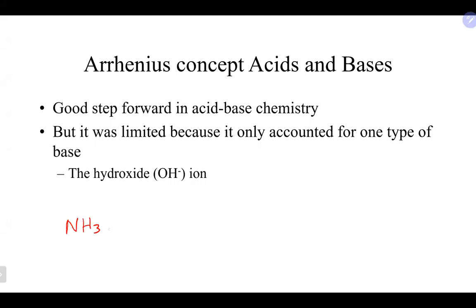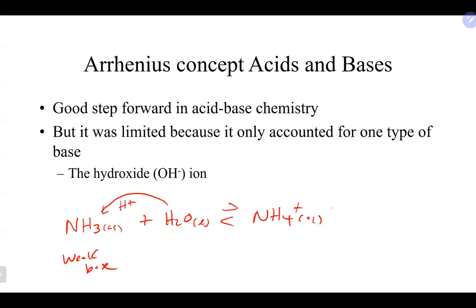Something like ammonia is actually an example of a weak base. When ammonia goes into water, the ammonia will actually accept H plus from the water. The result of that is you will make NH4 plus and OH minus.